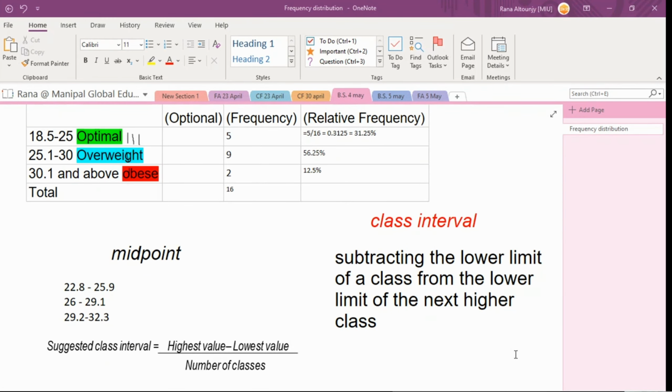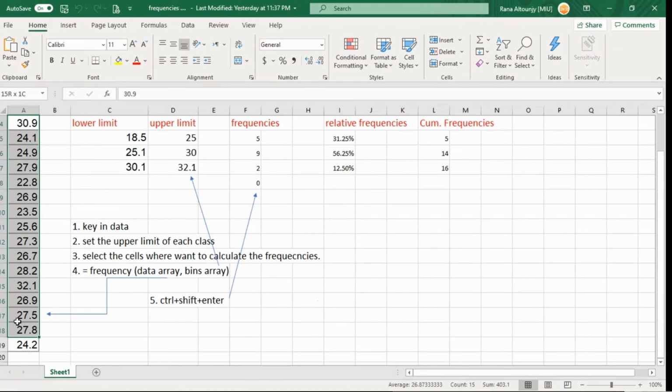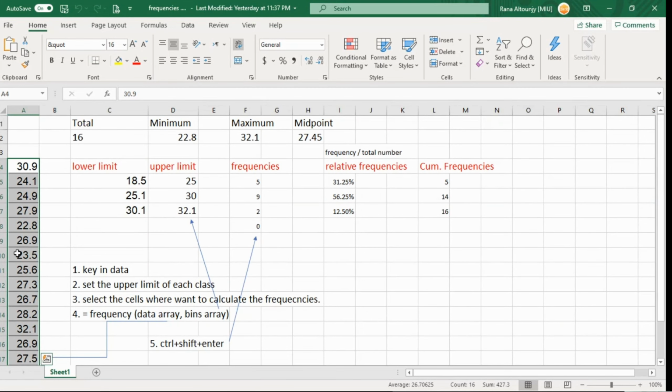Now we will move to calculating the frequencies, but using Excel. This is the Excel sheet. We are taking a similar example, the BMI of the students, which we discussed earlier. Same example exactly, nothing changed.